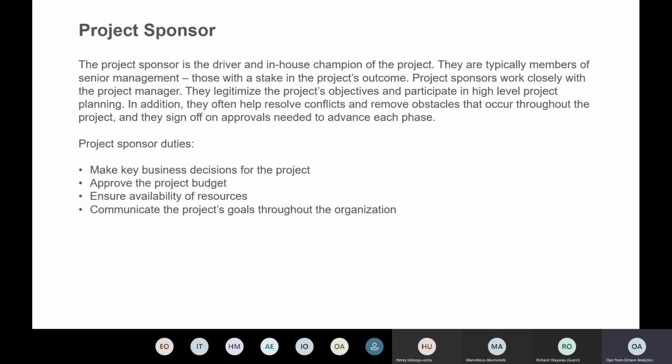Okay, I'll explain the reasons to you. So project sponsors have these analytics projects as part of their key deliverables, as part of their cost or budget for the year. So they may not be abreast of all that the project is doing at every point in time.